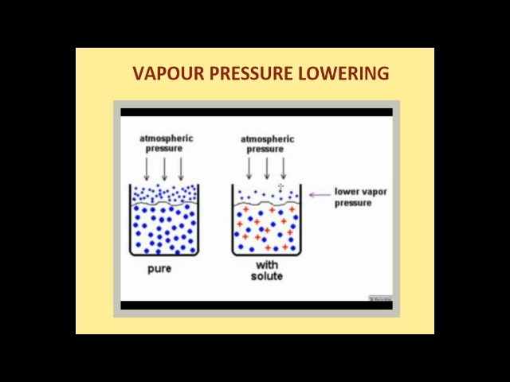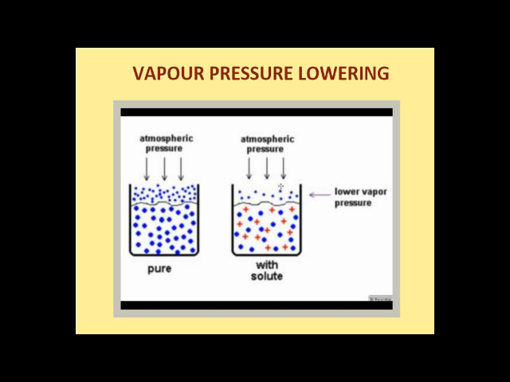So, the vapor pressure is lowering because of the addition of solute particles. This colligative property is that's why known as lowering of vapor pressure.